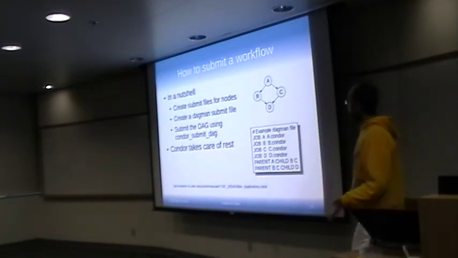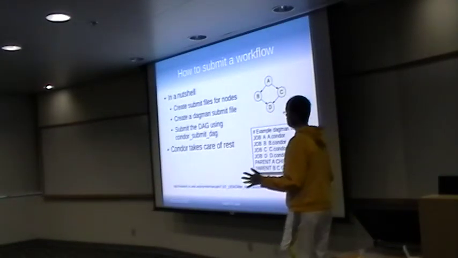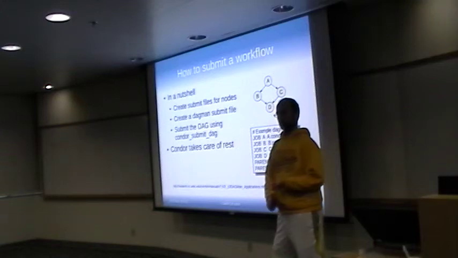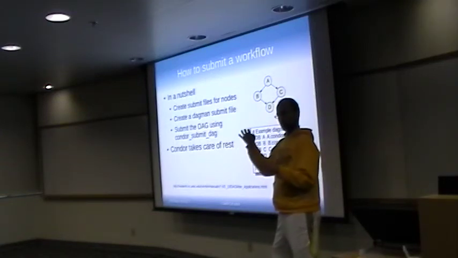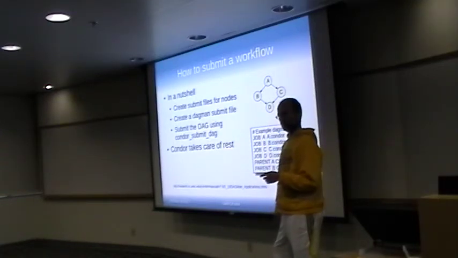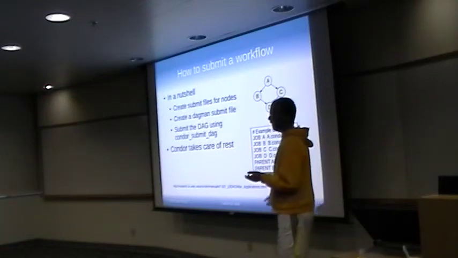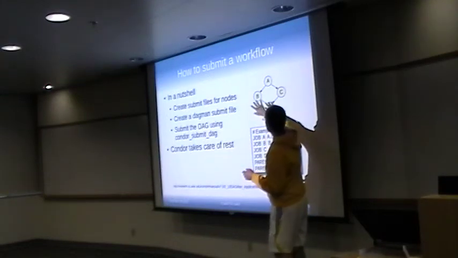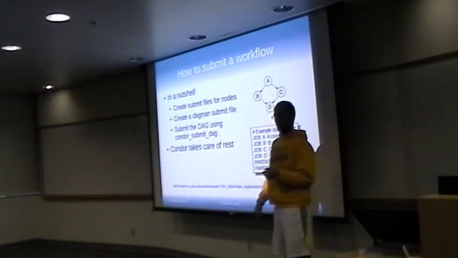How to submit a workflow? In a nutshell, you create the submit files of all the nodes. So each node is a job, so you need to have a submit file for each job. You can parameterize it, of course, to first approximation. Create a DAGMan submit file that represents the DAG.